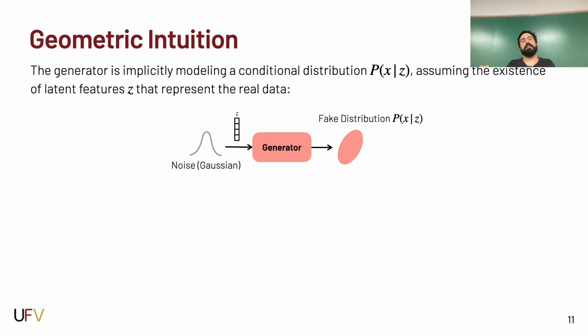It very quickly gets intractable, because when you're talking about probability density functions, you have to compute integrals most of the time, and then it becomes intractable to train these models.